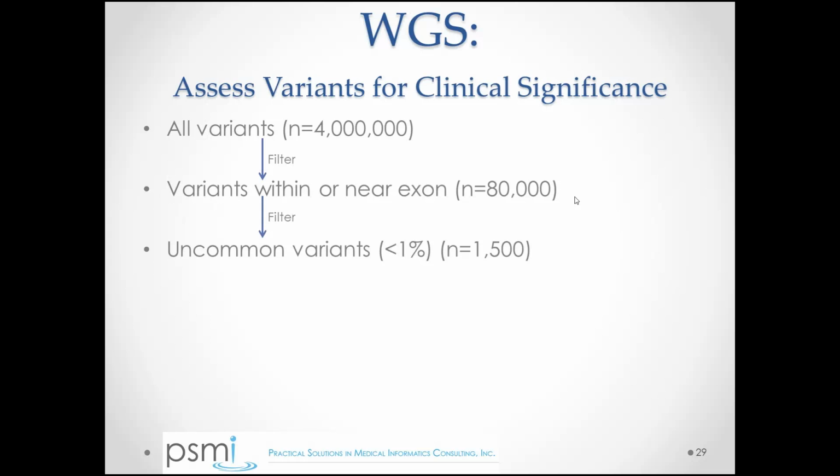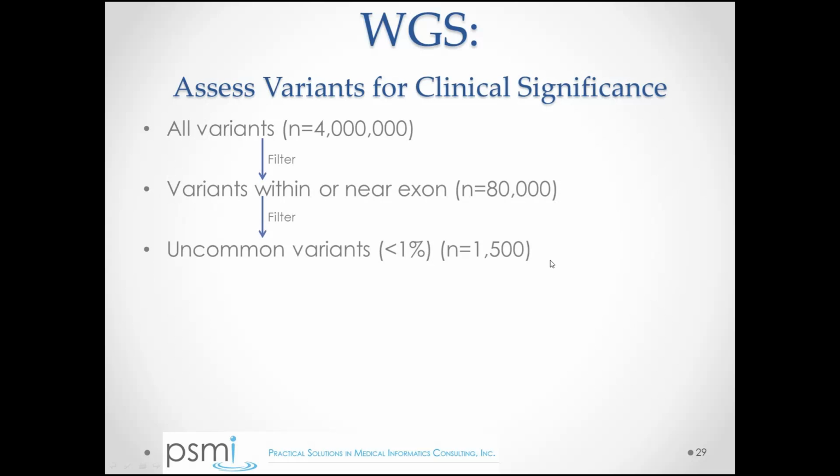And if we go into these databases and we say, okay, I want to filter my list of 80,000 variants, I want to remove all those variants that are common. I want to be left with the list of variants that show up less than 1% in all of these public databases.